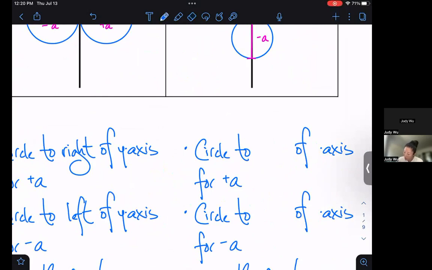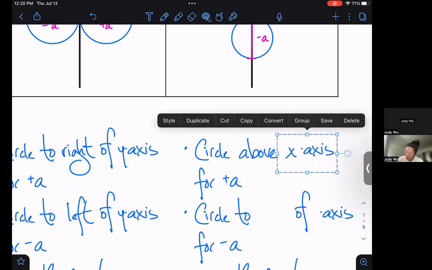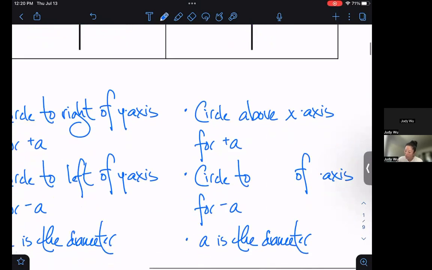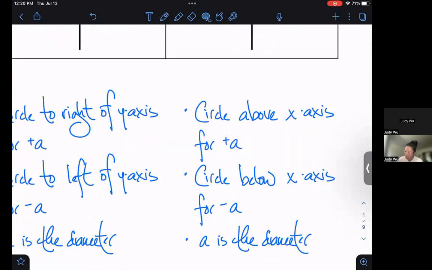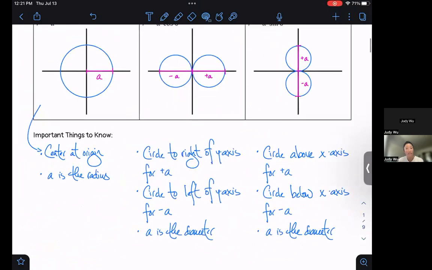But we have a circle above, oh, too many words now, a circle above the x-axis for a positive a, and a circle below the x-axis for negative a, right? But that last sentence, a is the diameter, that doesn't change, all right?